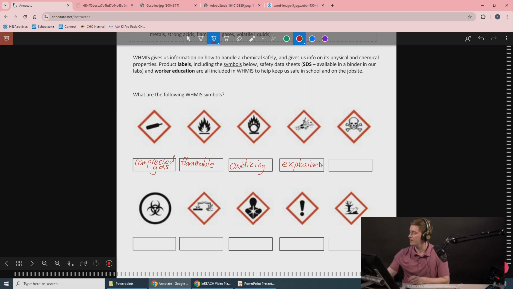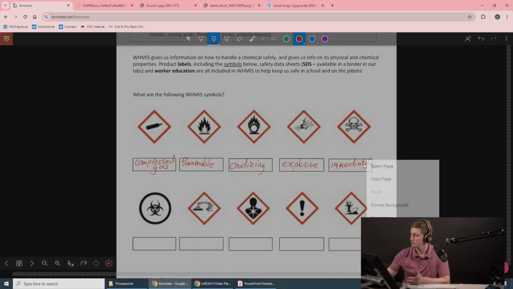The next one here, this skull and crossbones, is part of a series of symbols that refer to the toxicity of different chemicals. These ones are immediately toxic. If you see this one, this is immediately toxic.